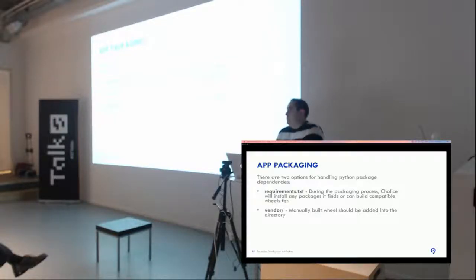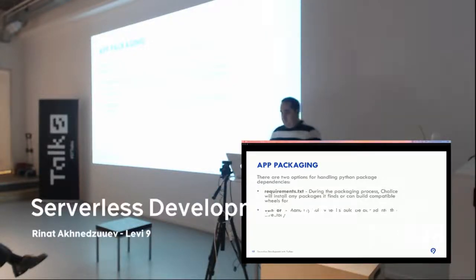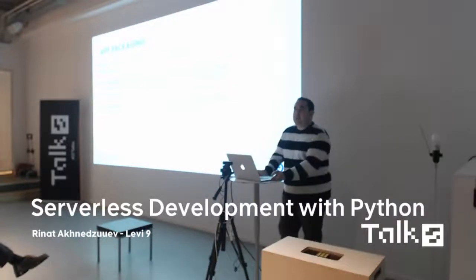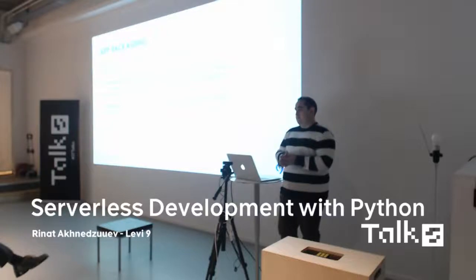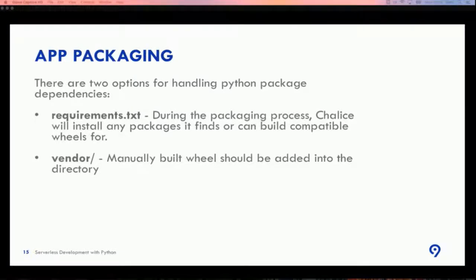But for instance, if you try to install SQLAlchemy, you are not a lucky guy, because Chalice cannot do it automatically, and you have to build wheels by yourself. And this can be tricky, because you have to install an image of Amazon Linux, you have to install Python 3.6, you have to install a virtual environment, and then you have to build wheels manually, import them into this package, and only then SQLAlchemy will run, for example.